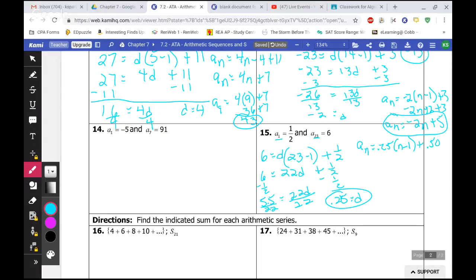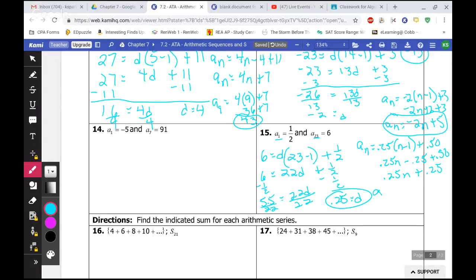And then we've got 0.25n minus 0.25 plus 0.5. So we got 0.25n plus 0.25.